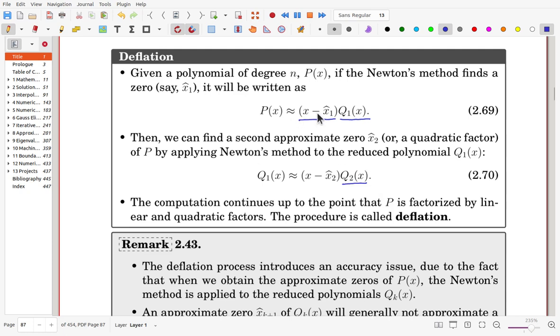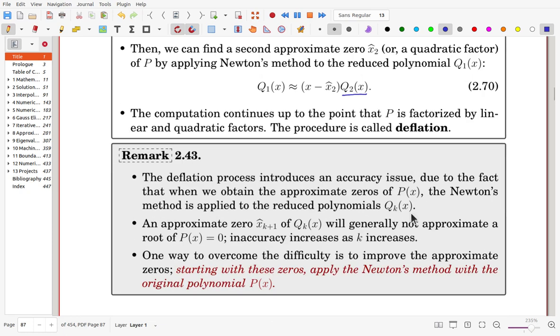For instance, you may start with 10 to the minus 12 accuracy in the beginning, but for the last one, around xn hat, the error may be around 10 to the minus 6 or 10 to the minus 7, so that compared with the earlier error level, the later error level is much larger.